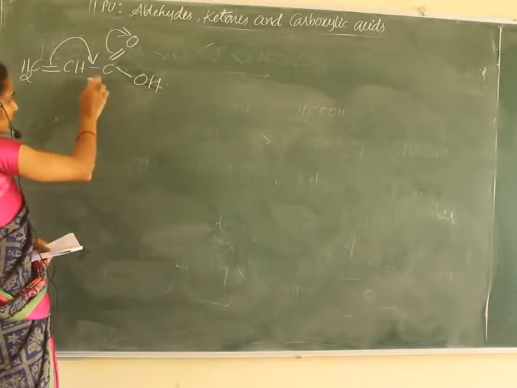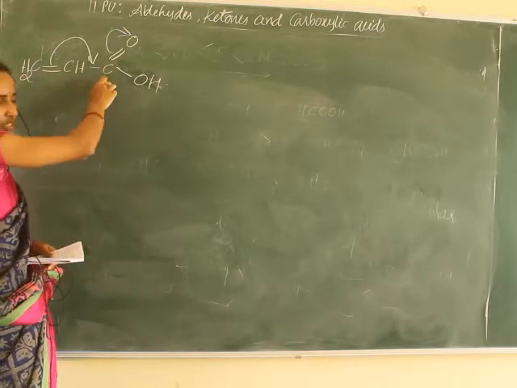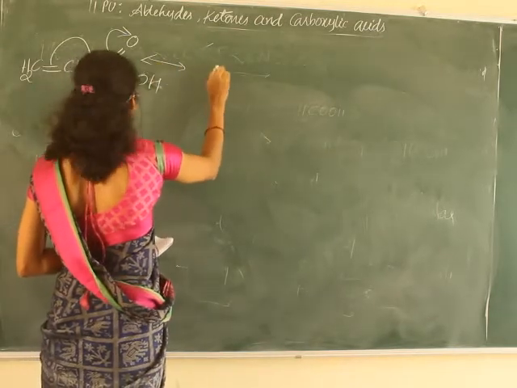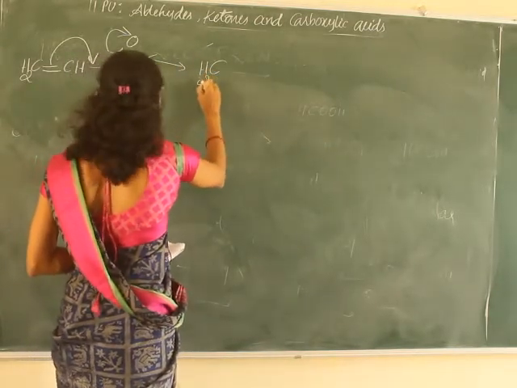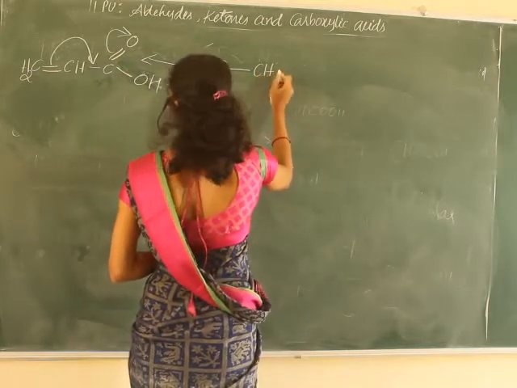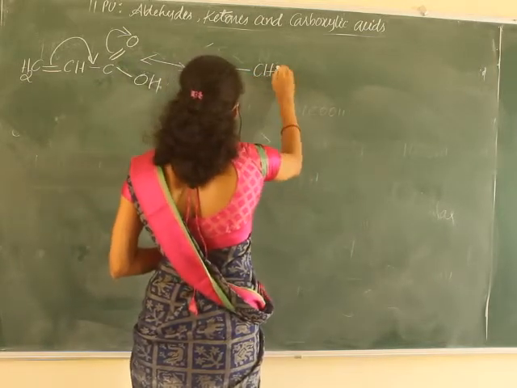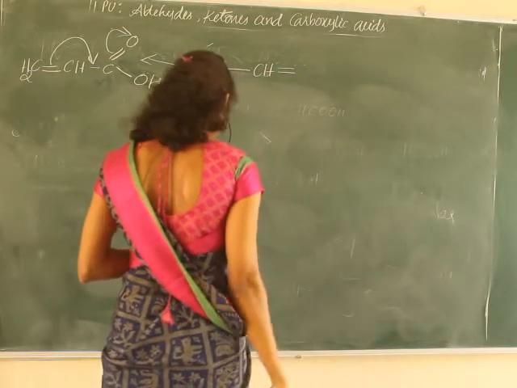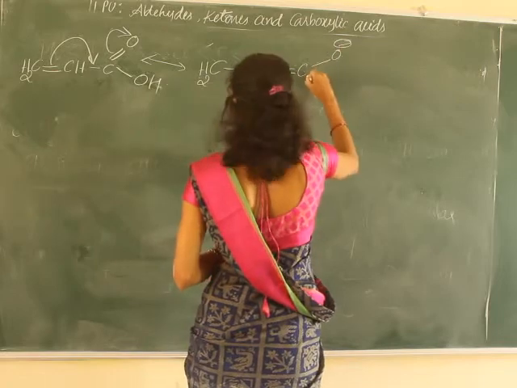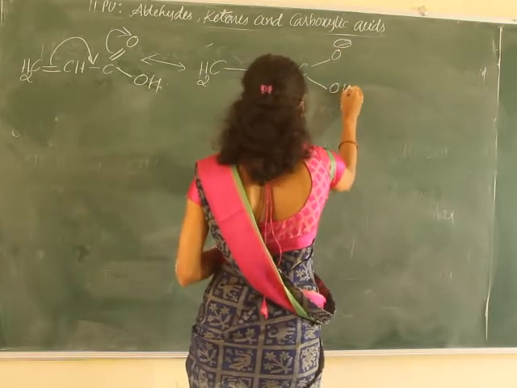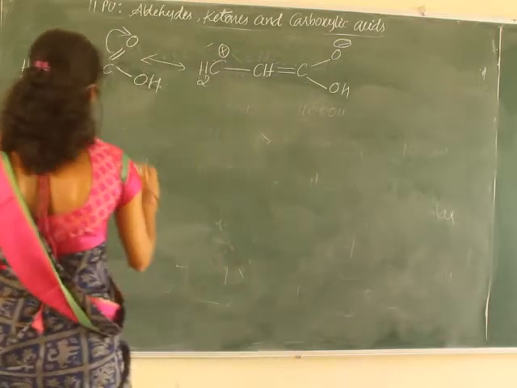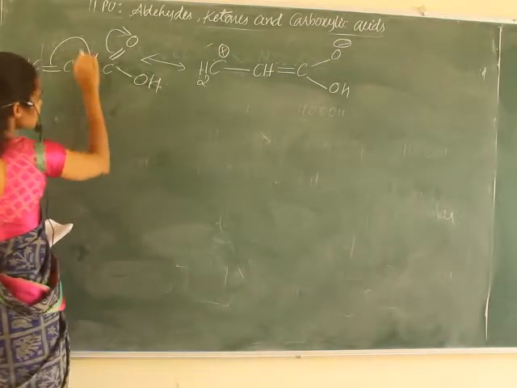The functional group is attached to the sp2 hybridized carbon atom. What will we get? CH2 single bond CH double bond C, O minus and OH, and here it is a plus. So due to this, what we have expected, this is resonance.